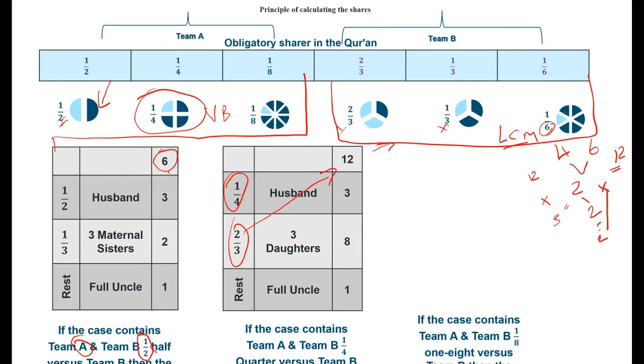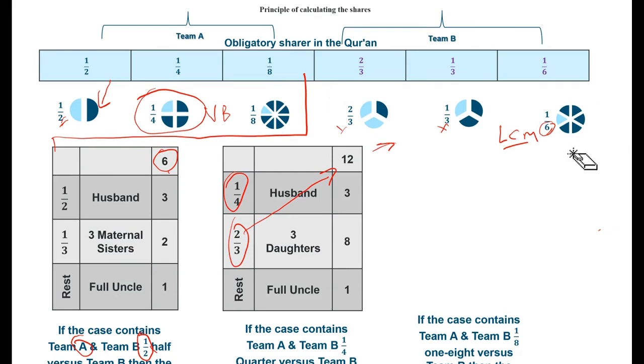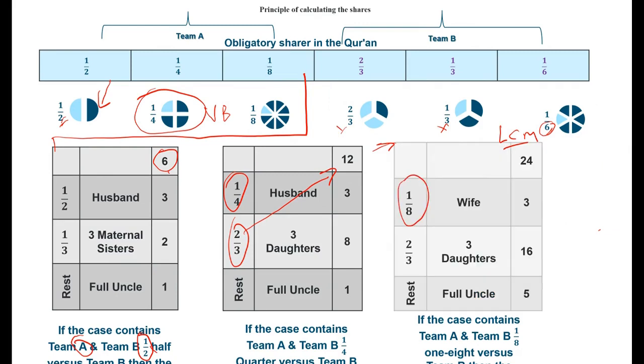And then also, if we have 1/8 from Team A and any of Team B, the result will always be 24.